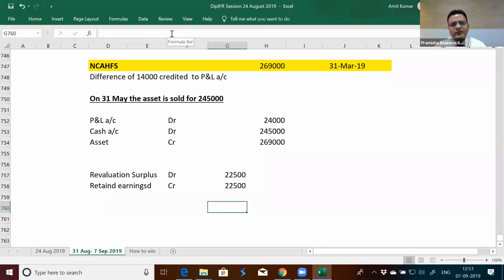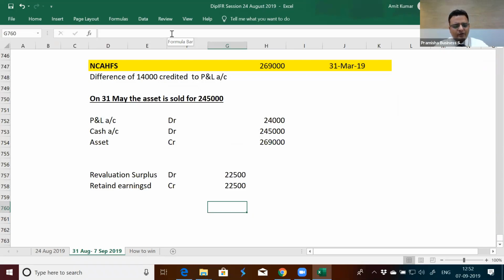We need to know what is fair value less cost to sell, we'll compare. After comparison, we'll take the lower of carrying amount and fair value less cost to sell as non-current asset held for sale for the first time in the books. Subsequent measurement on each balance sheet date will be at fair value less cost to sell, no comparison on subsequent measurement. On disposal, if there is any revaluation surplus related to it, also gets derecognized.